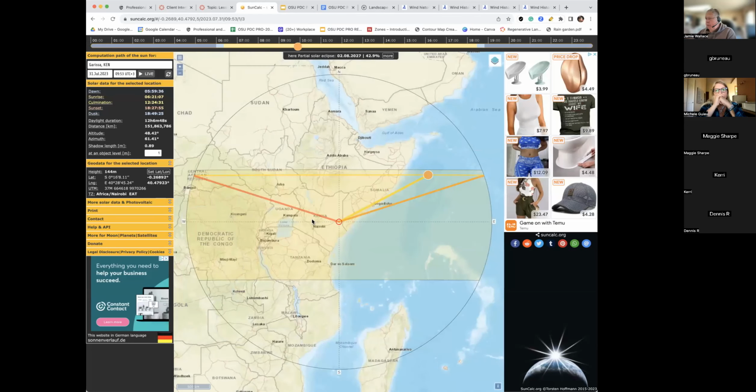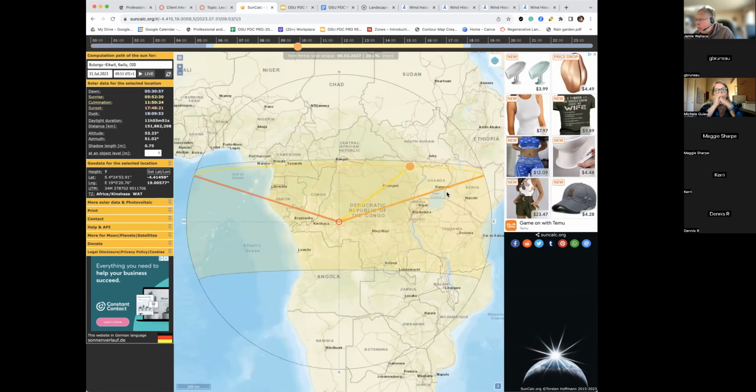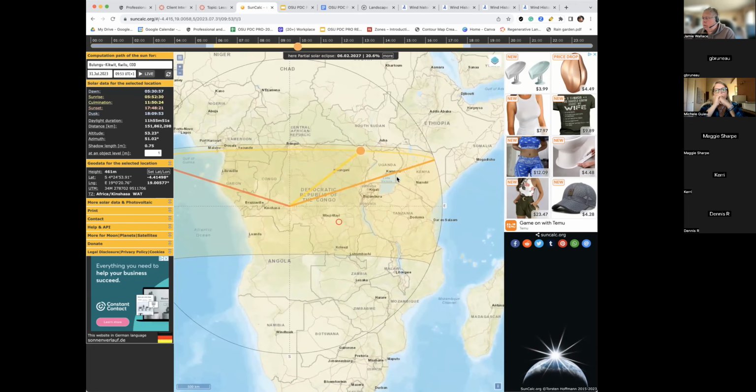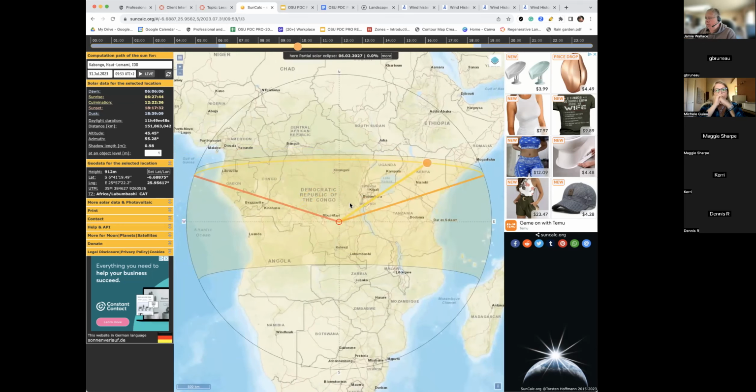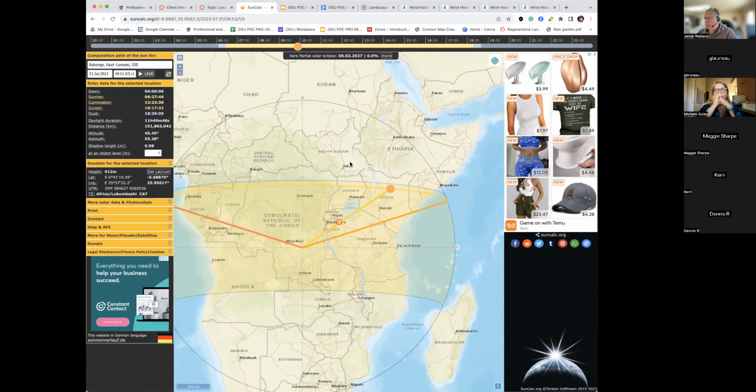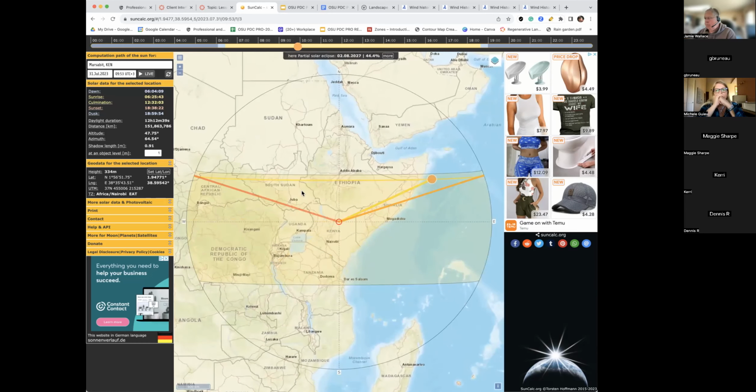So we're in Kenya. I'm not sure where our equatorial line is. I'm sure we are close. I keep moving this around. There we go.